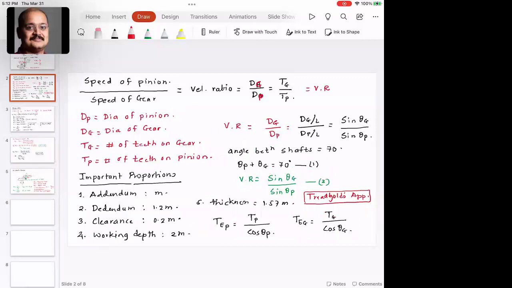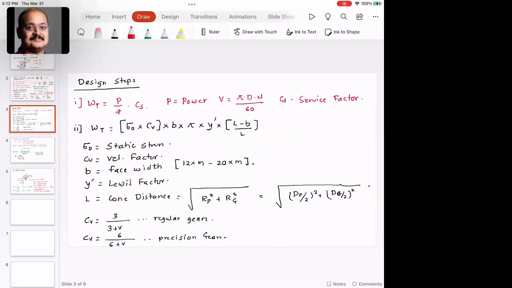So these are the major parameters for the gear: addendum, dedendum, clearance, working depth. In the case of helical gear and bevel gear, an important relation to think about is finding the equivalent number of teeth and then finding out the semicone angles. So these two equations will be used to find the semicone angles.